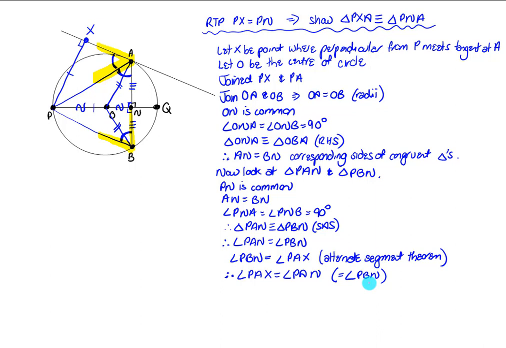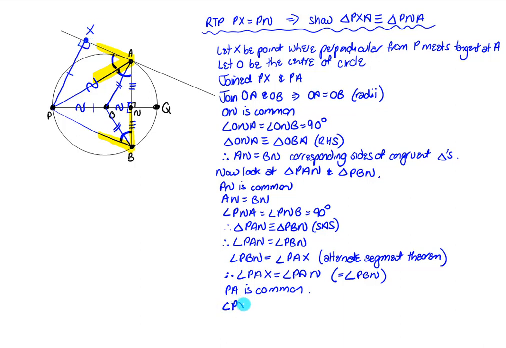We also have a common side here. So PA is common. And we also have a right angle.